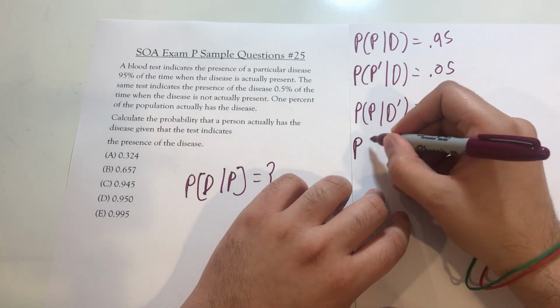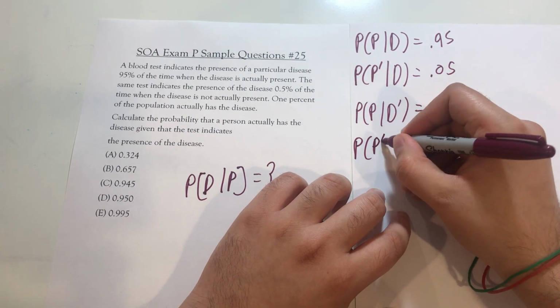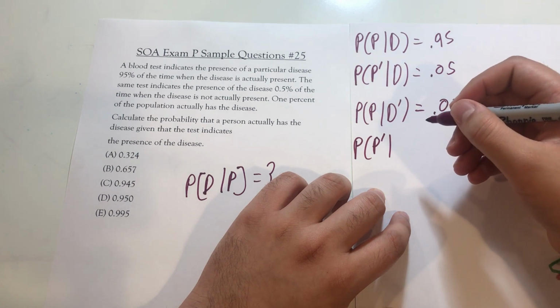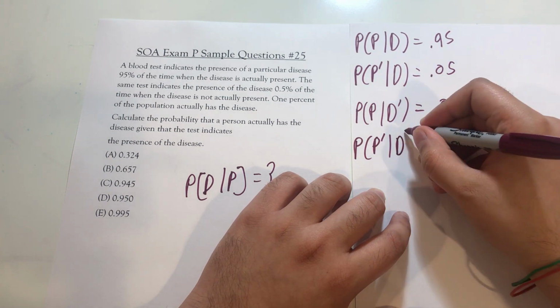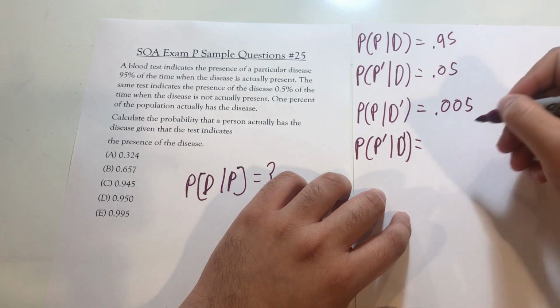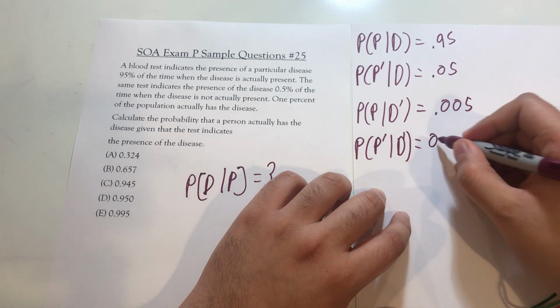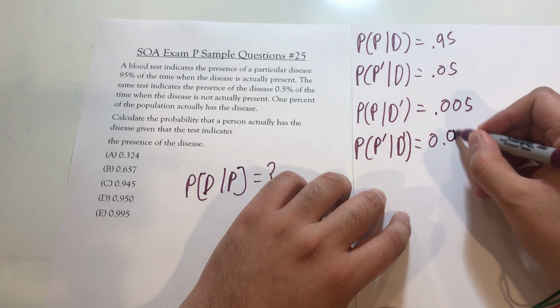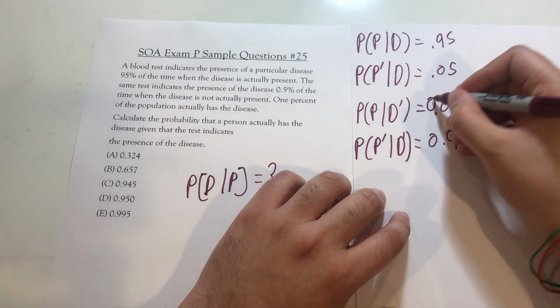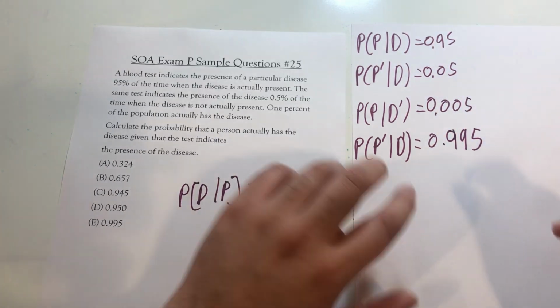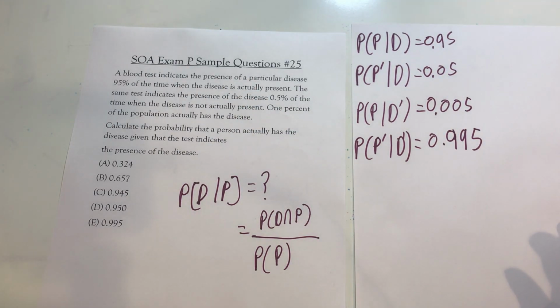And the probability that you get a negative result, given that you don't have the disease, would then be equal to 0.995. We just add zeros at the beginning of these. Okay, so this is the information it gives us.